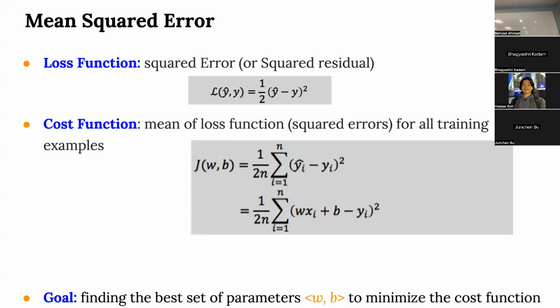So that's the process. First, you have to define a metric for error, how do I measure the error. Then, based on the error, you have to define a loss function.